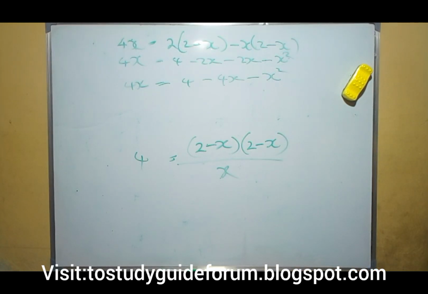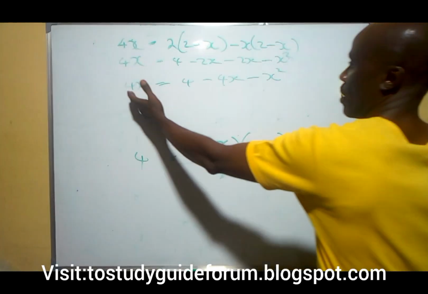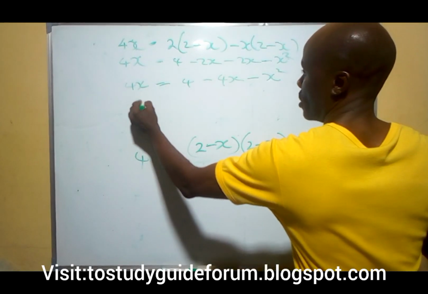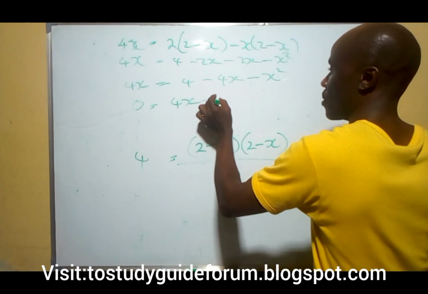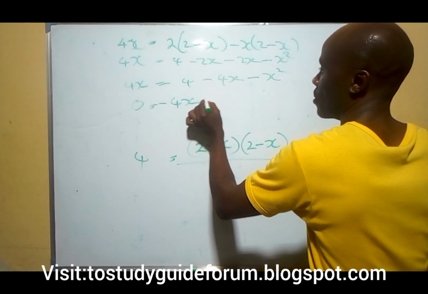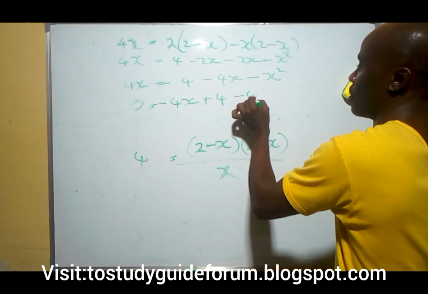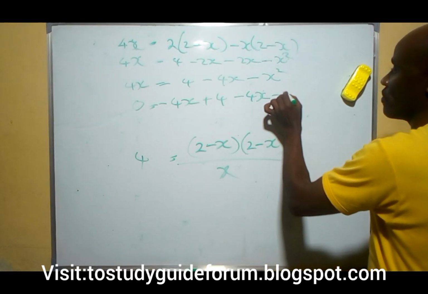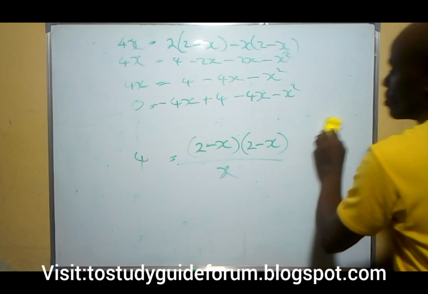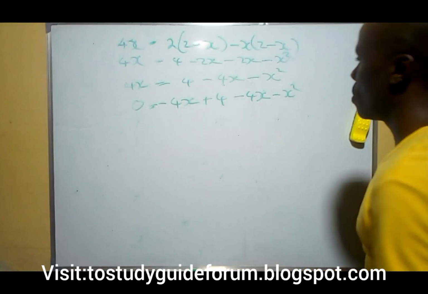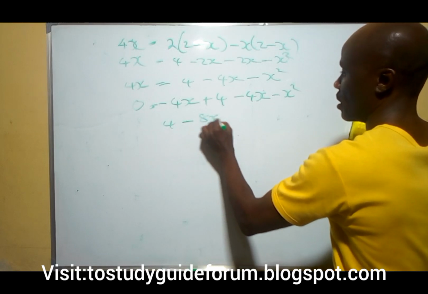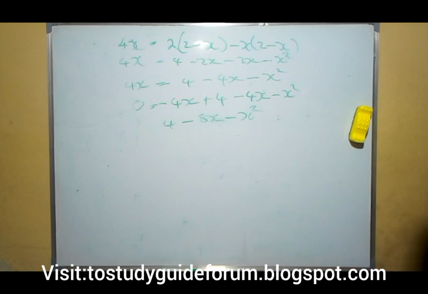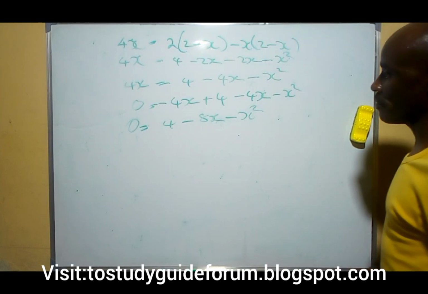Next, we move this over, so 0 equals 4 minus 4x minus 4x plus x squared, which gives 4 minus 8x plus x squared. Alright, so this is what we have.